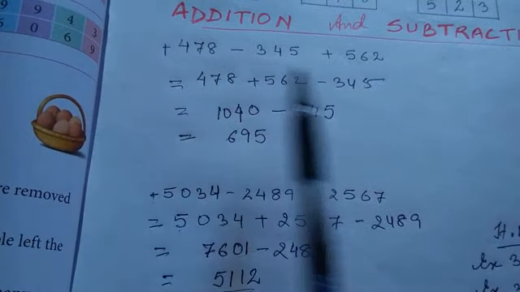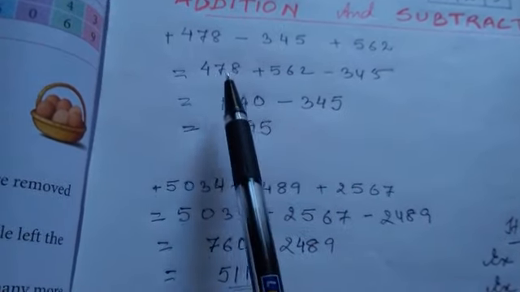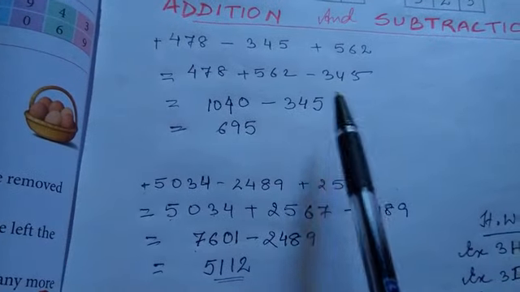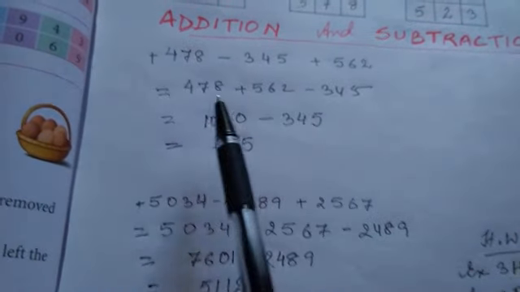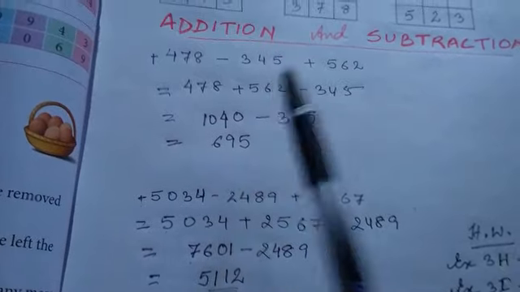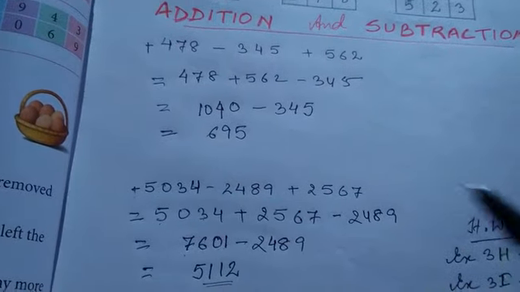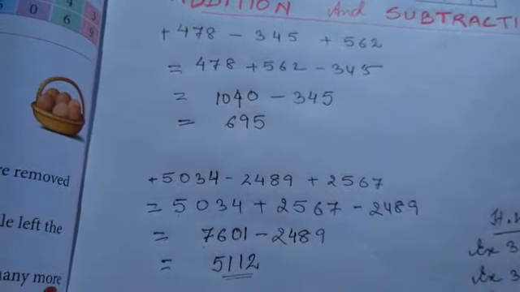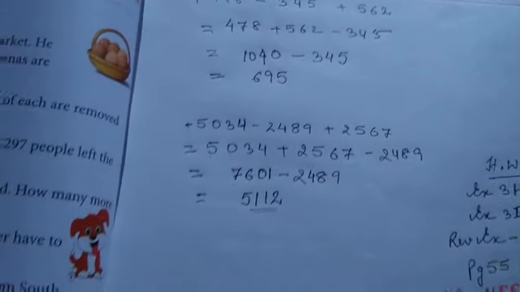So we are doing the calculation first with the addition. We have added first and then we are subtracting, and this is the proper method. If you subtract first, sometimes you may get it correct, but sometimes you may also be wrong. And this is the 4 digit also, and then again rounding off also.